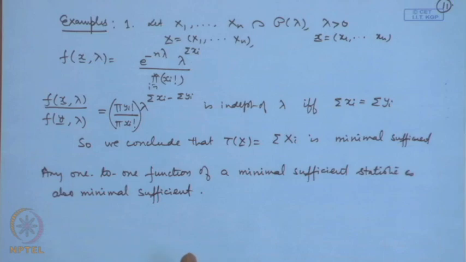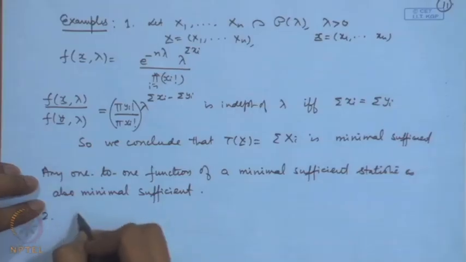So, in most of the problems where we have applied the factorization theorem, we actually have a factorization. If we write down the ratio, then the term consisting of the parameter theta is related to g of (T(x), theta) divided by g of (T(y), theta). So, if you consider this ratio and obtain the condition when it is going to be free from the parameter, that will give the minimal sufficient statistic.